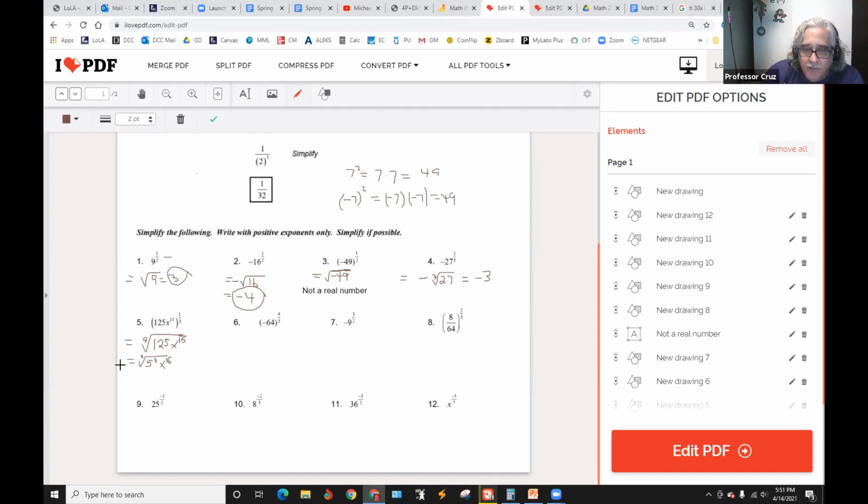So 3 goes into 5 to the third power there, meaning that that's 1 power of 5. And 3 into 15 goes 5 times. All right, makes sense?